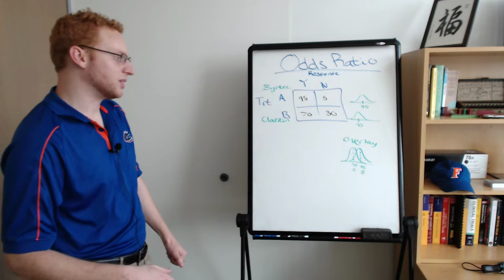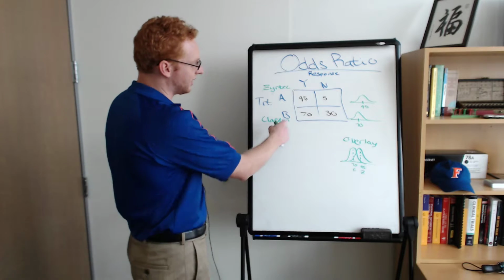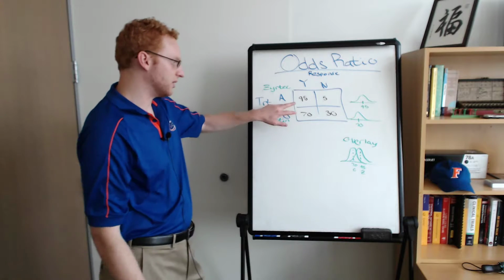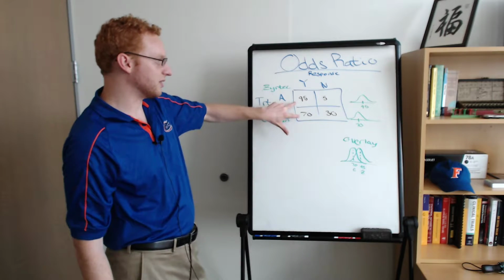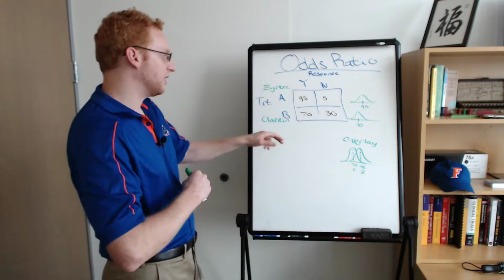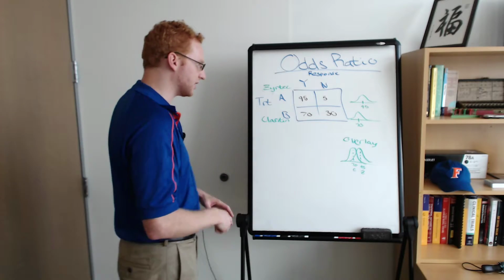Then it's much harder to show strong evidence that they're different. In this case, it's 95 to 70, a difference in probability of 0.25, a 25% difference. If that's the true difference, it's easier to detect with larger sample sizes.